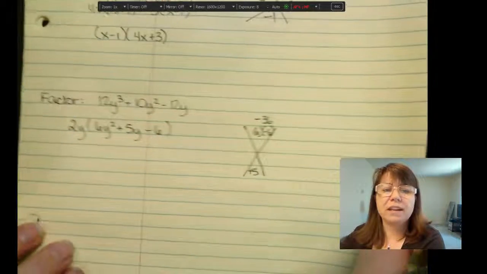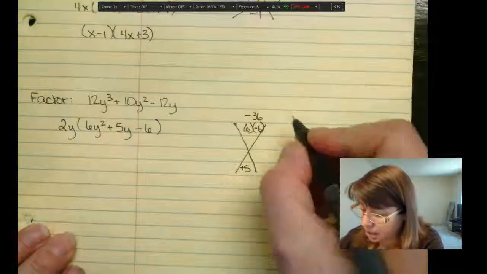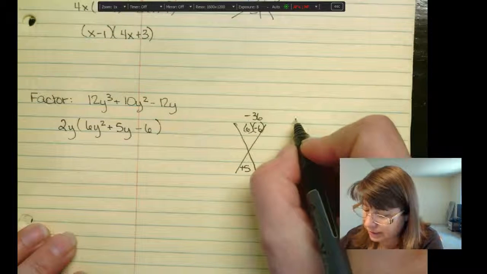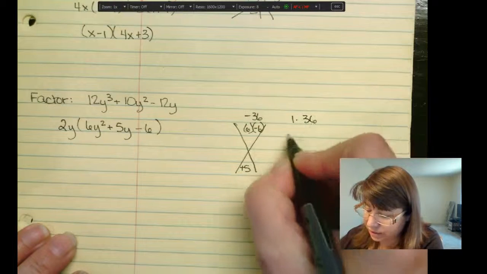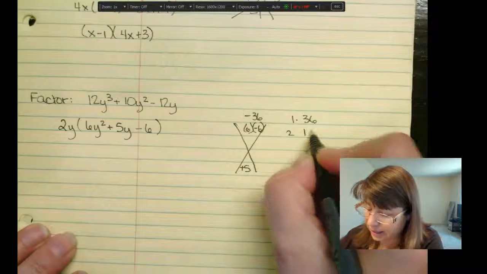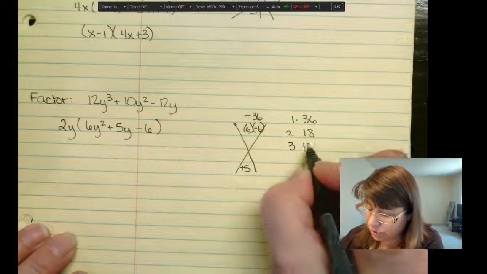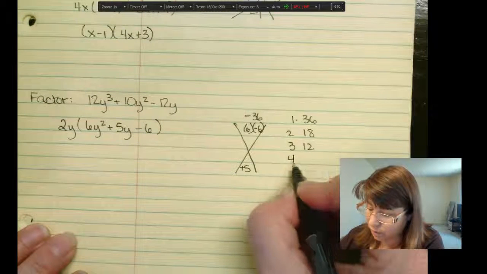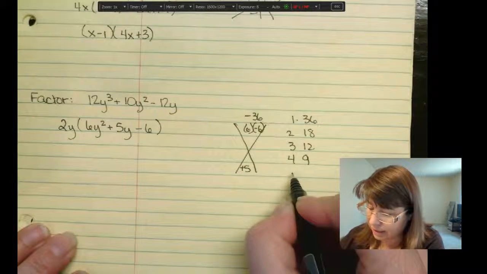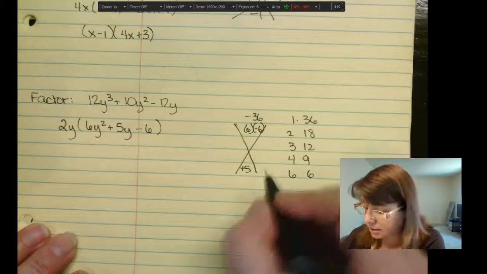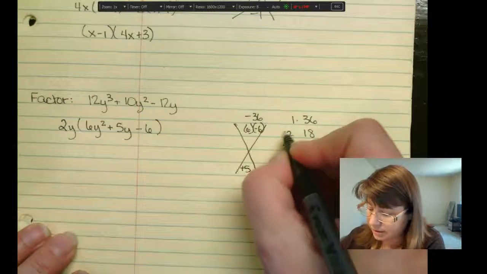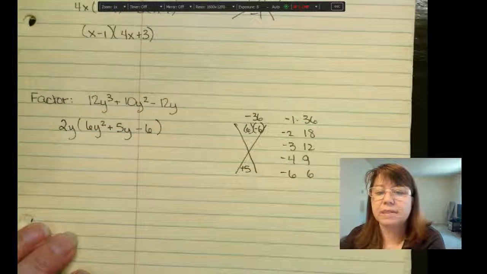I don't know all the factors of 36 off the top of my head, but I do know, let's see, definitely 1 and 36, 2 and 18, 3 and 12, 4 and 9, and of course 6 and 6. And remember, the larger number is positive, so the smaller number in this case is going to be negative.